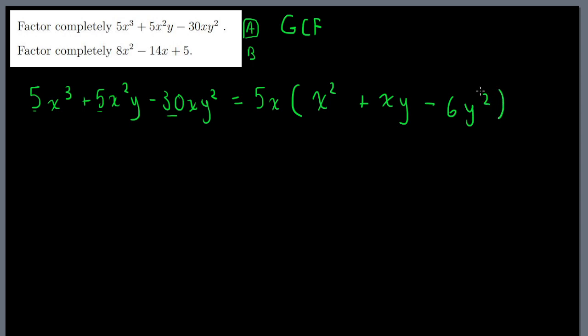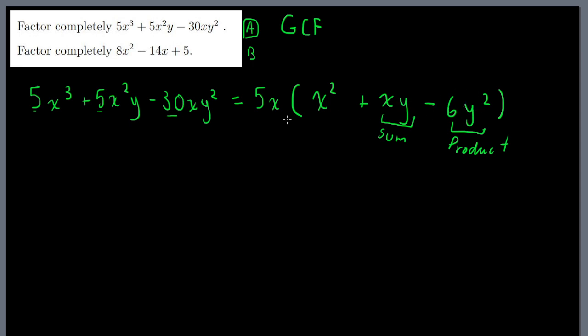Okay, so now this gets a little complicated because now you have an x and a y. Now we have to factor a trinomial with two variables. So how do I do this? Well, this is the same way as saying a sum and a product. It's the same thing. Look at the variables as numbers. So this is the same thing as x squared plus x times a coefficient minus a number.